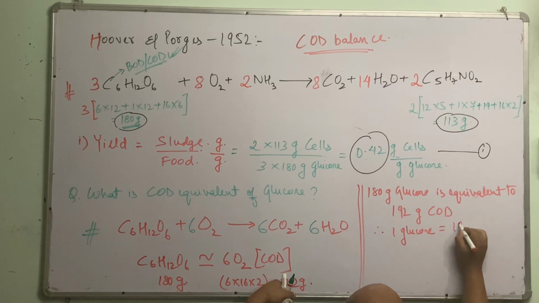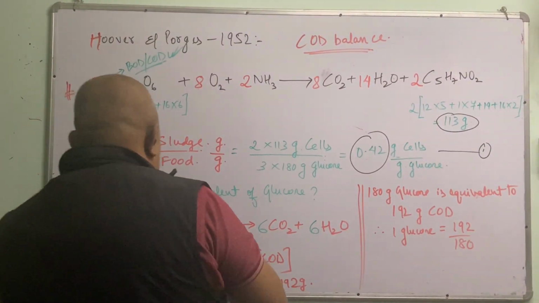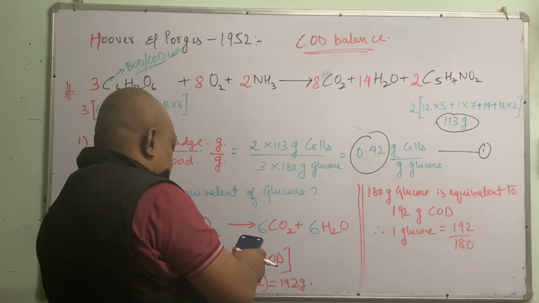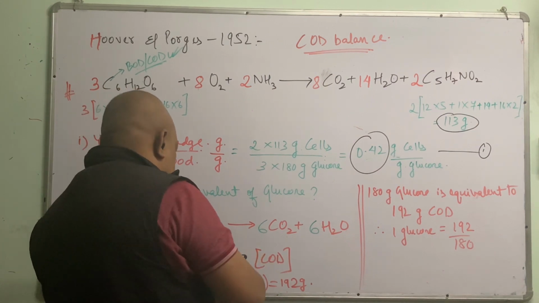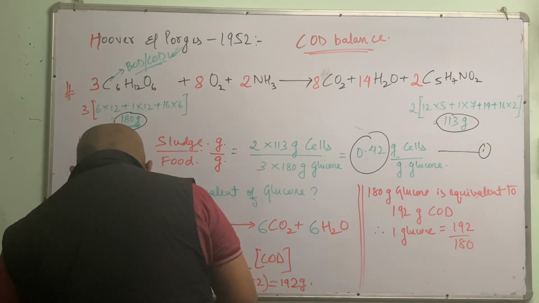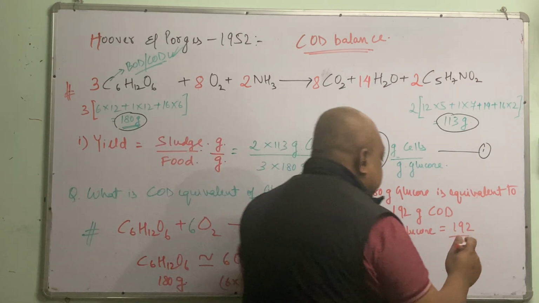Therefore, 1 gram of glucose is equal to 192 divided by 180, which is 1.0666.